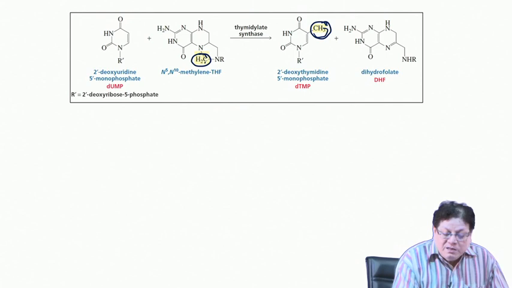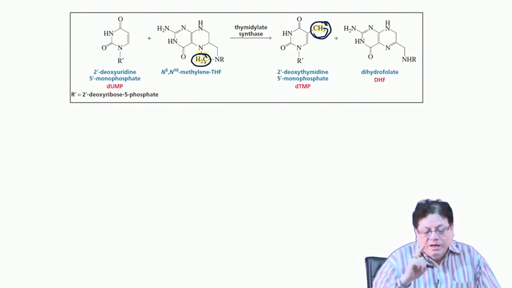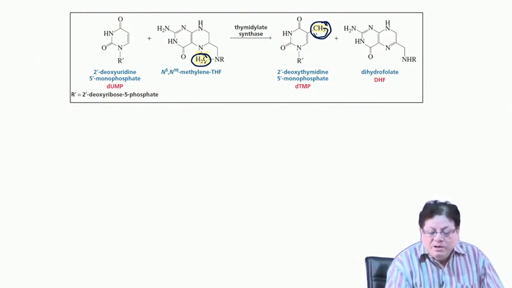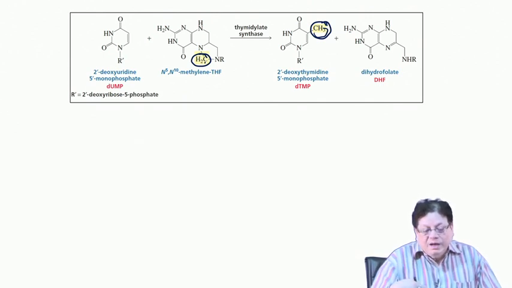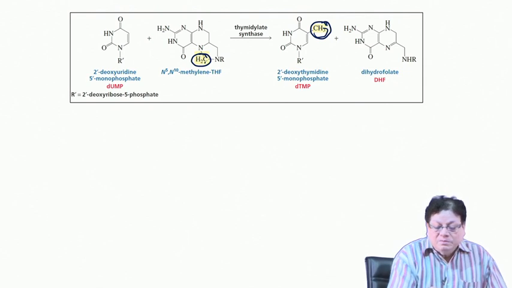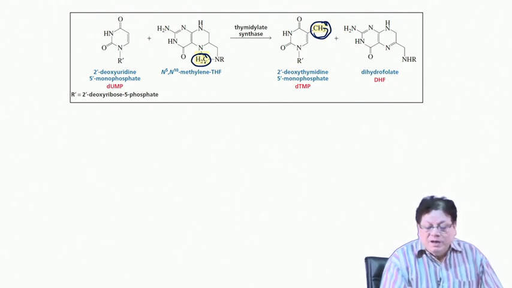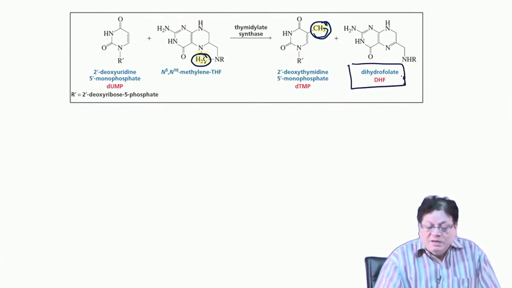Because in this reaction, this methylene is in the oxidation level of an aldehyde, of a carbonyl, remember that. Okay. As soon as it is converted to a methyl, that means this is reduced. Okay. So, the tetrahydrofolate in the process is converted into dihydrofolate. So, that is a reduction.